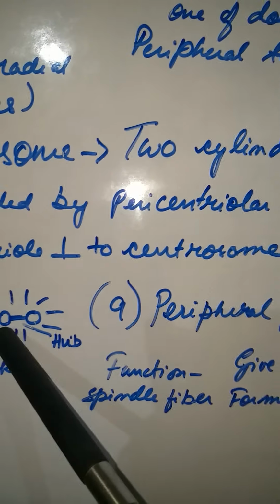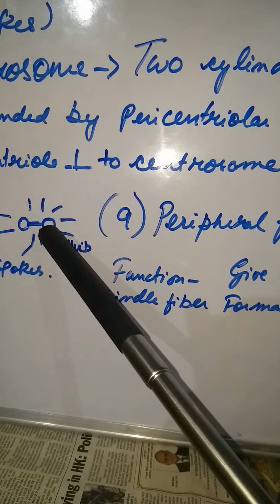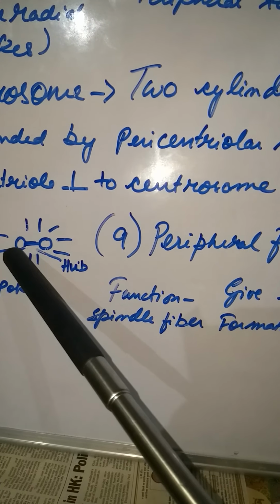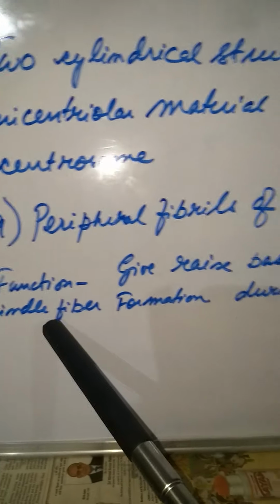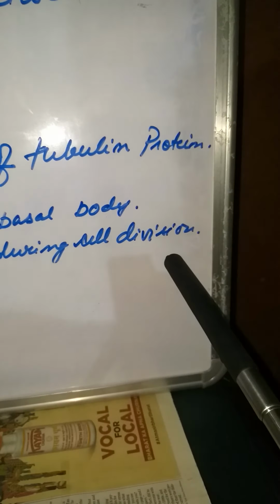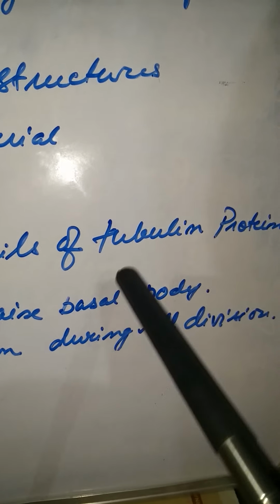So if you see plane-wise, they are perpendicular to each other, perpendicular on their plane. So you have 9 peripheral fibers of the tubule protein. And what is the function? See, the centrioles help in spindle fiber formation during cell division and give rise to the basal body.